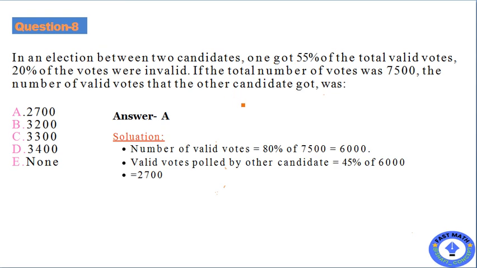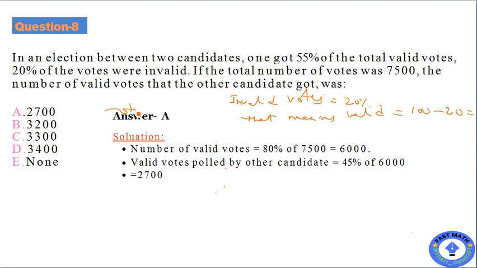It is clearly mentioned that the invalid votes are 20%. That means valid votes are 100 minus 20, which is 80%.